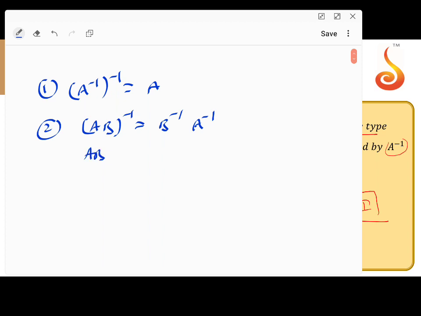So you can extend this property: ABC whole inverse is C inverse into B inverse into A inverse. This is called the reversal law. AB whole inverse is B inverse into A inverse. I hope this is clear. These are the properties we generally use. So, clear?